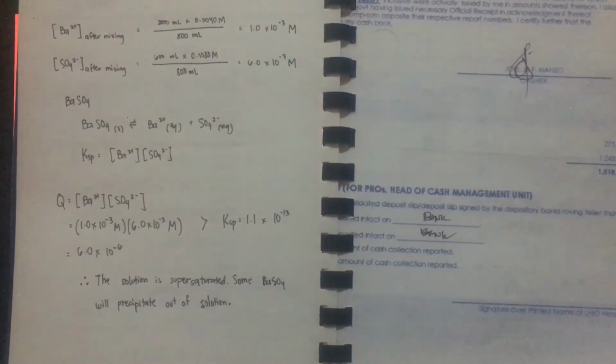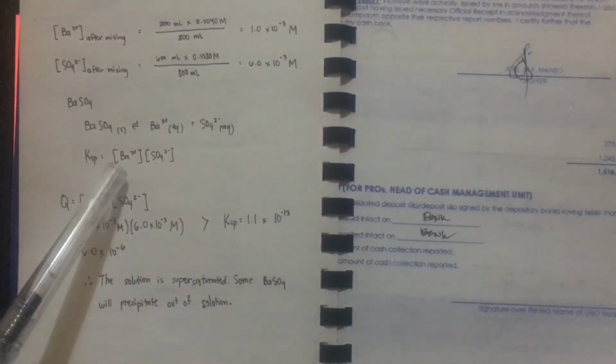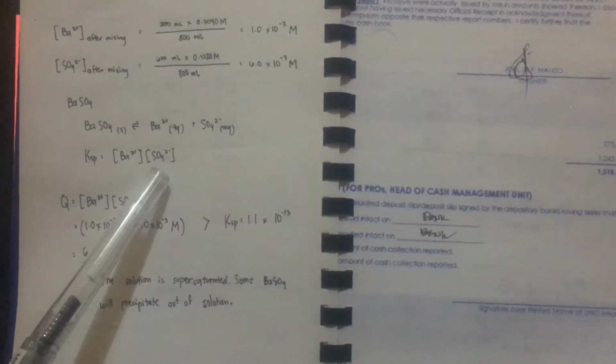So, moving on with the barium sulfate. If we dissolve the barium sulfate, it will form barium ions and sulfate ions. So the KSP is the barium ion concentration times the sulfate ion concentration.